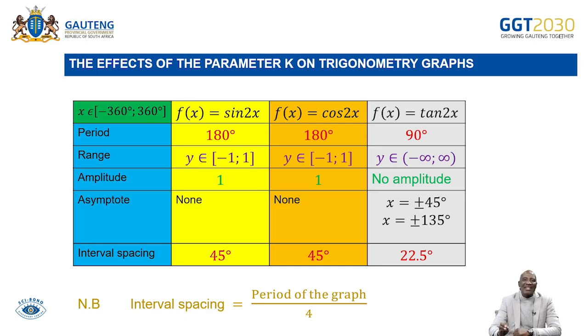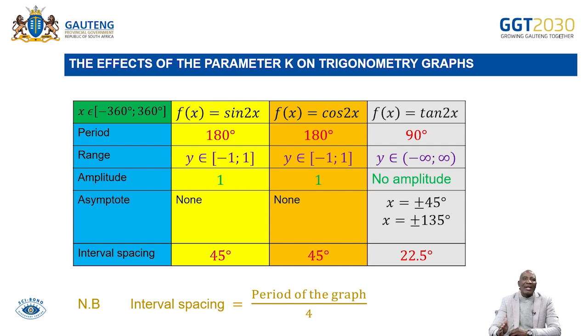Then our interval spacing, initially it was 90, 90, and 45. This time around it is 45, 45, and 22.5. Again, we have divided our period of the graph by 4, which is a standard formula for interval spacing your angles on the given domain.